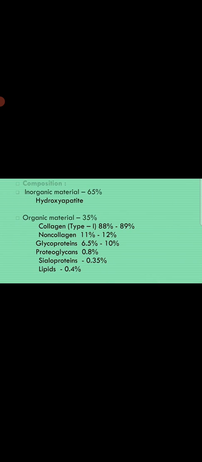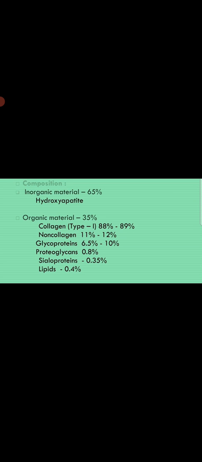Now come to the composition of the alveolar bone. In composition, there is inorganic and organic material. Inorganic is 65%, which consists of calcium and phosphate, which make the hydroxyapatite crystal. Next is the organic material, which is 35%.